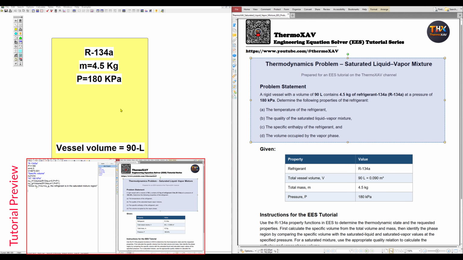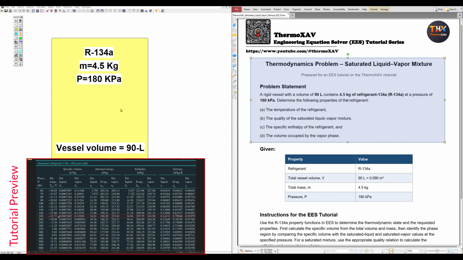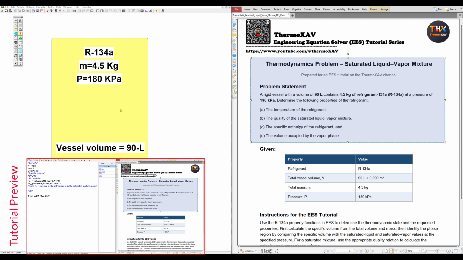At this point, we assume we don't know whether the refrigerant is in the compressed liquid or subcooled liquid, superheated vapor, or saturated mixture region. This can be determined by comparing a suitable property to the saturated liquid or saturated vapor values, like for example here in this case a specific volume.